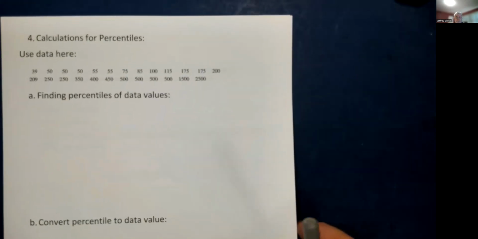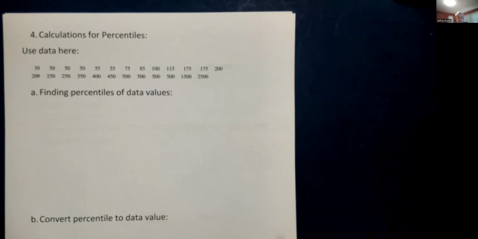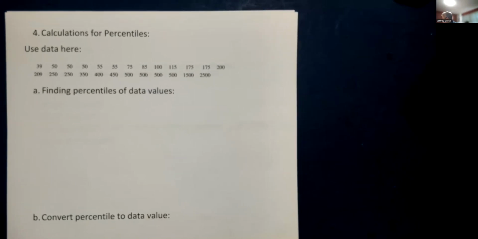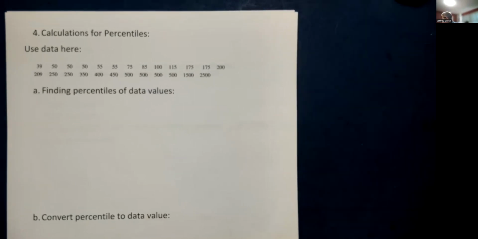So let's take a look at another problem here. Here we want to take a look at how we can find the percentile of data values, and that's going to go back to a definition we have from the previous notes. Let me see if I can find that. There we go. So this is a calculation of position, on page 2 of the notes we did before.